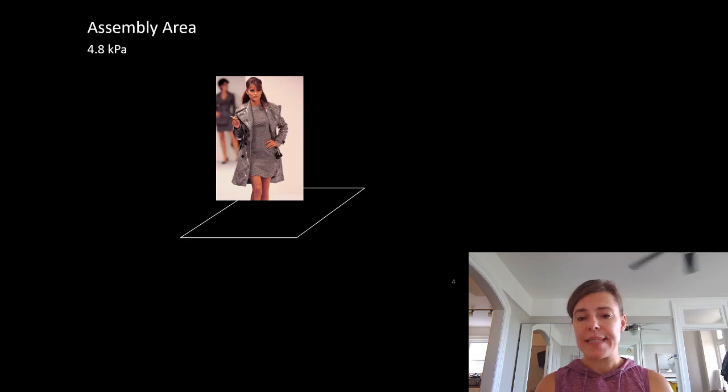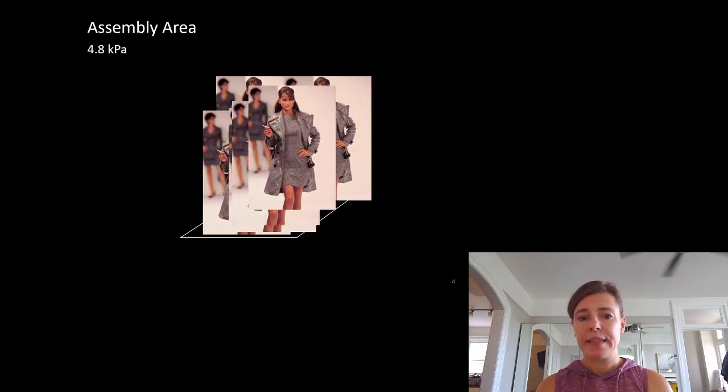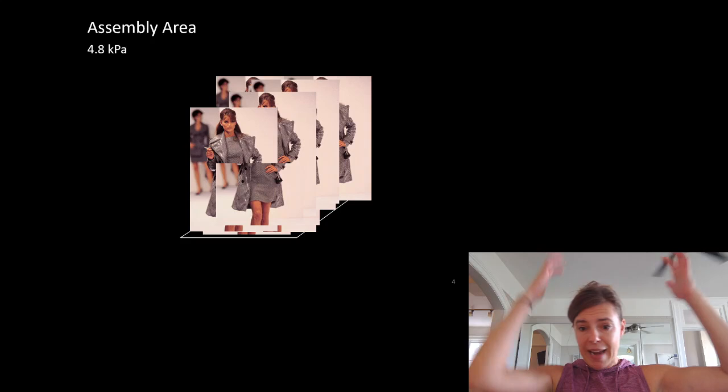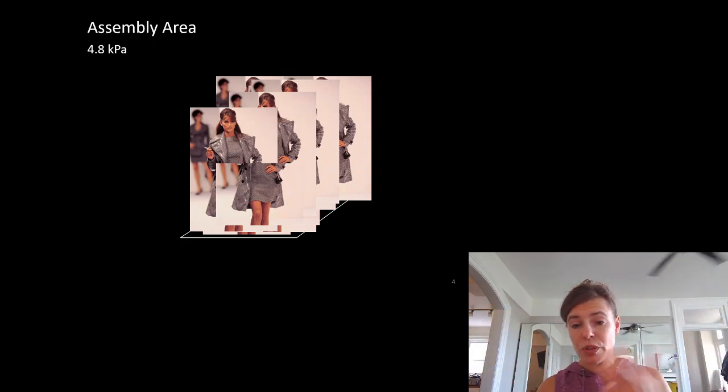So that means if we needed to represent 4.8 kPa using her, we would need 9.6 of her. So 4.8 kPa is the equivalent of 9.6 of her standing in a 1 meter by 1 meter square. You can imagine that starts to be pretty uncomfortable. Maybe they're stacked on each other's shoulders, I don't know.